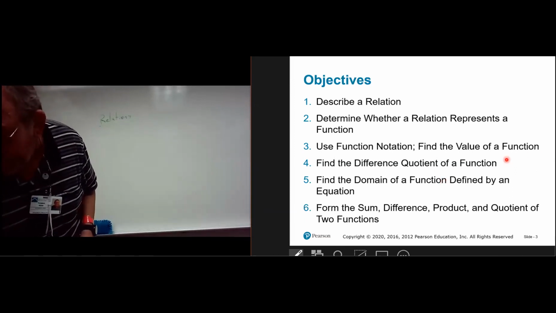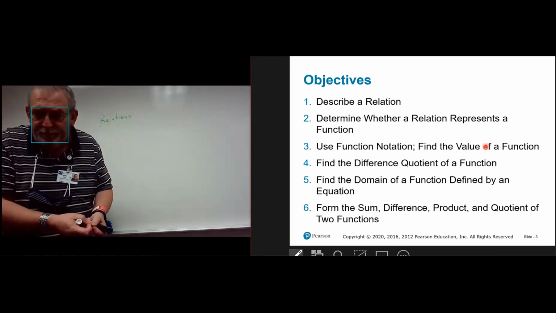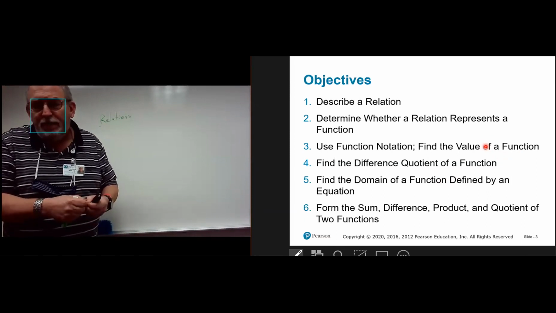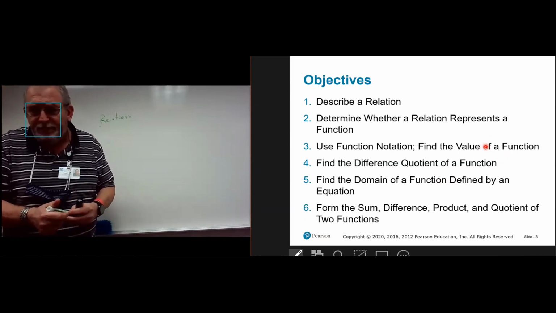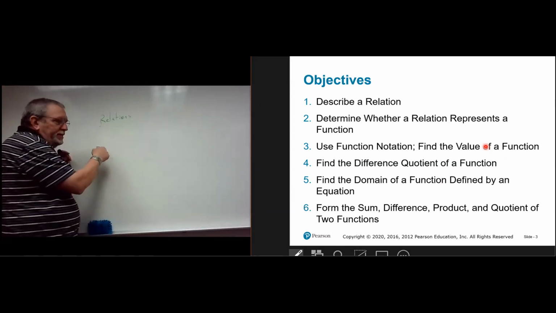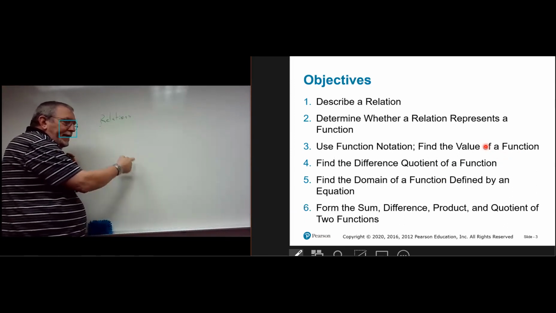So we're going to find the value of a function by putting in an expression in place of x. So instead of using x, I'm going to use x plus h. So I would do whatever my function is doing to x, I'm going to do it to x plus h and see what that looks like.